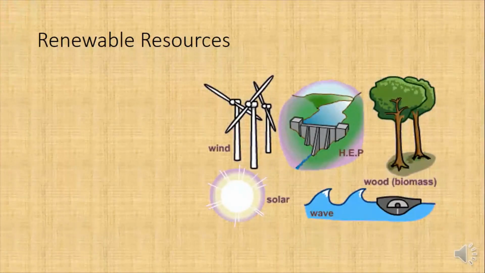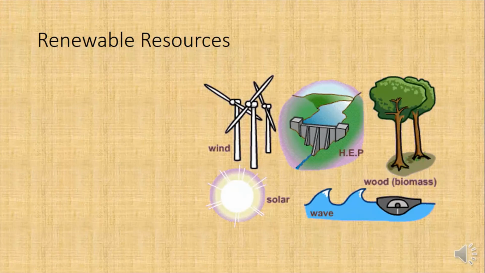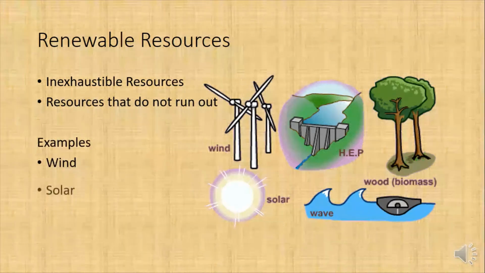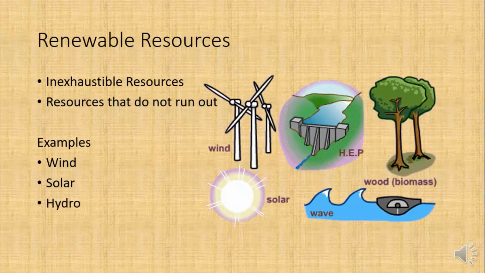Renewable resources are resources that will continually renew themselves over and over. Some of these we consider inexhaustible resources, or resources that don't run out. Some examples are wind power, solar power, and hydropower.